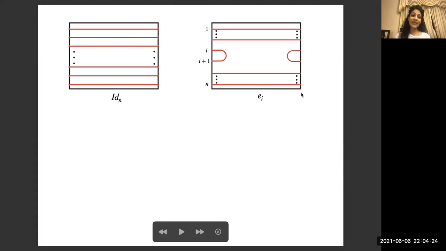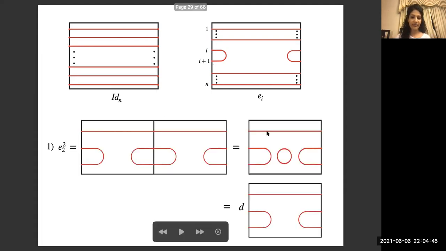So we can multiply two elements of the Temperley-Lieb algebra as follows. We take the first element and glue the right edge of this rectangle with the left edge of the second element, and then we see diagrammatically what we get. For example, if we consider TL_3,d, that means the rectangle will have 3 points on the left edge and 3 points on the right edge.